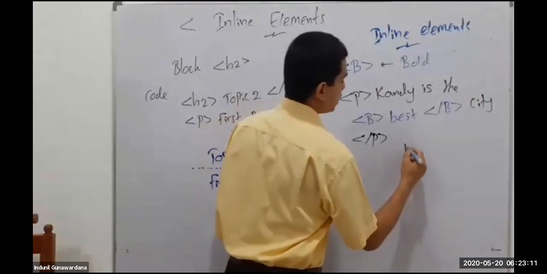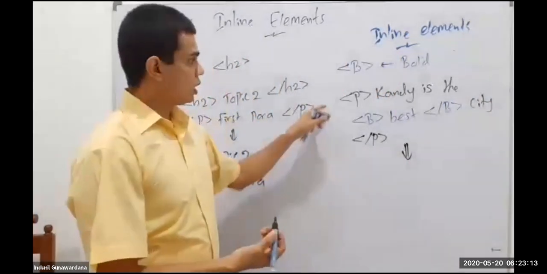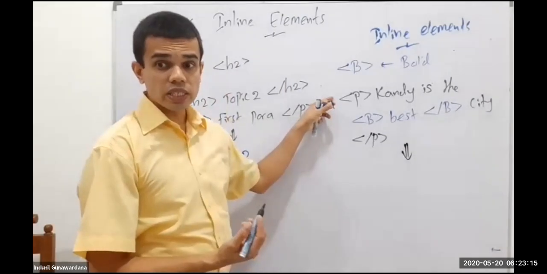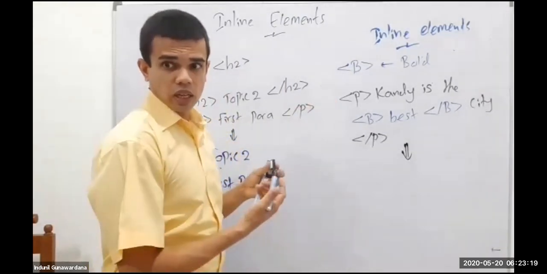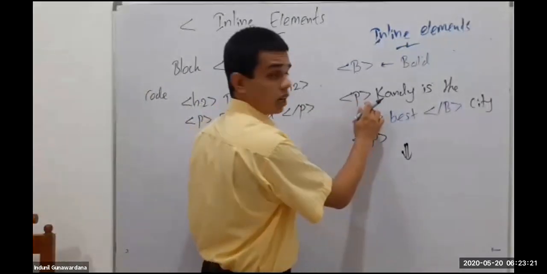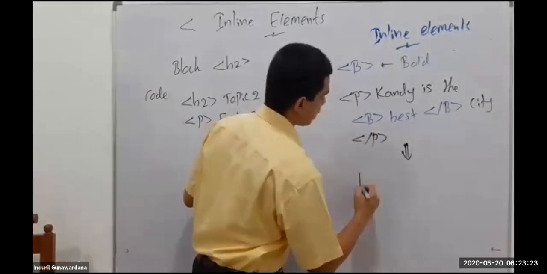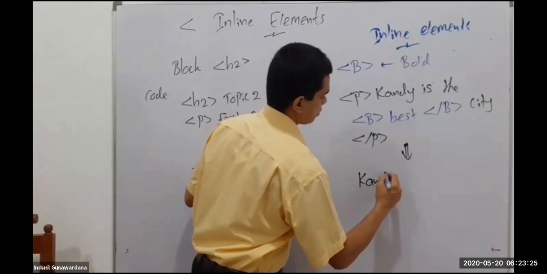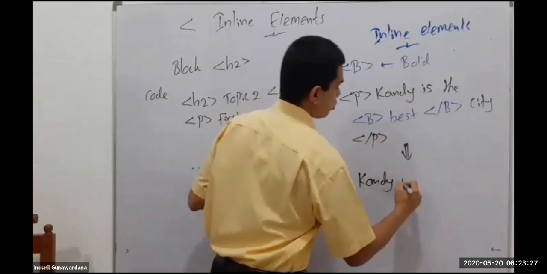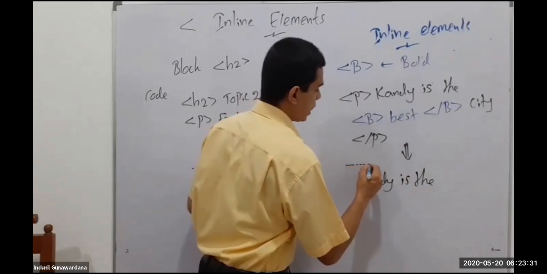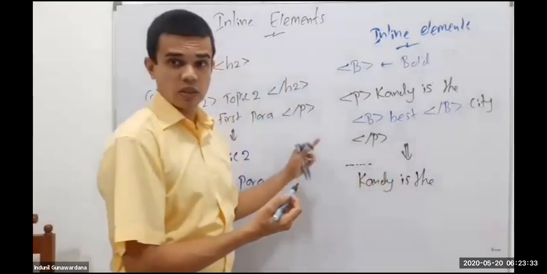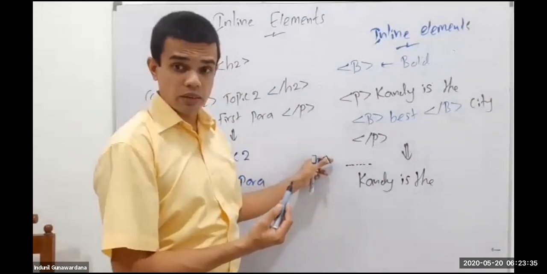What would be the rendering, or what would be the output now? We are starting the paragraph. Now this has to be written under the body section, right? Then it says that paragraph is to be started. That is Kandy. One more thing, since it's a paragraph, there will be a blank line above that. If you have some other text, there's a blank line in between.